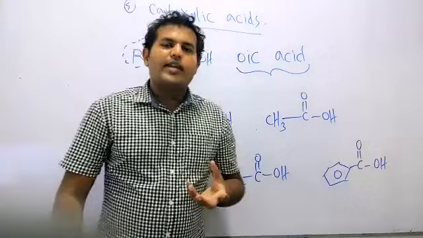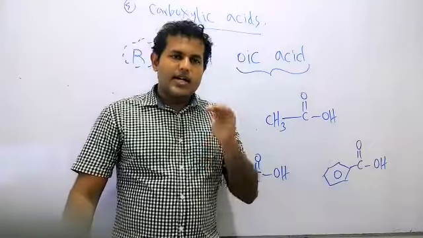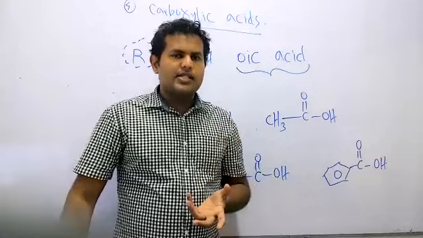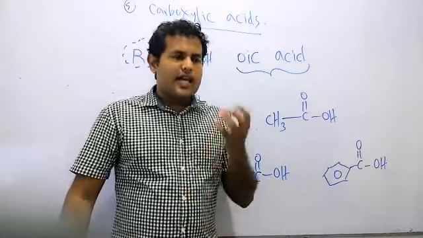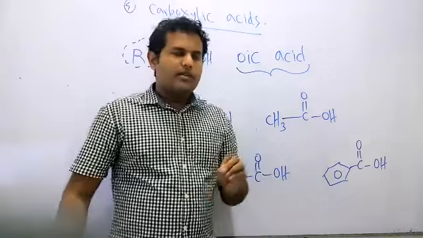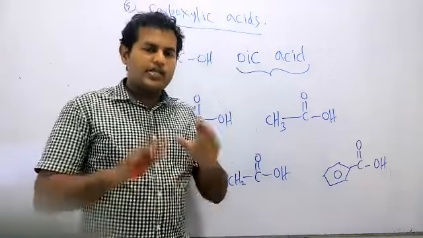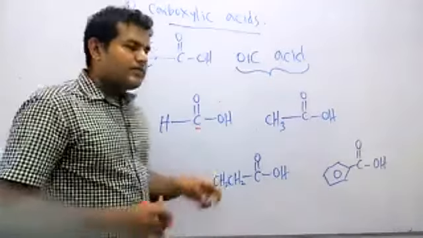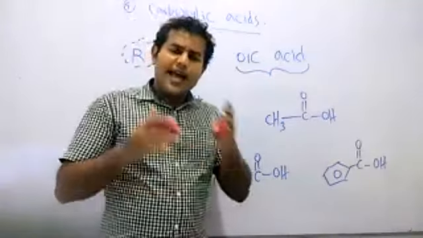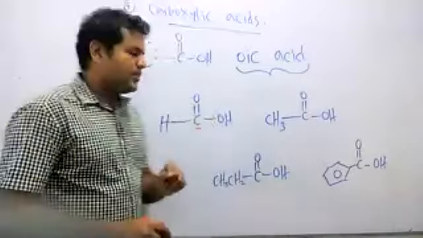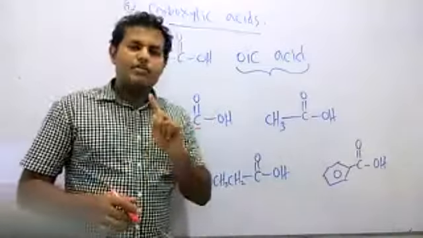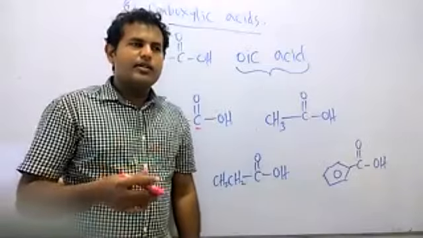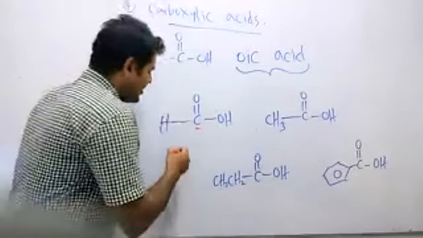When we are writing names, remember, we derive the names starting from alkanes. The alkane names are very important when we are getting the fundamental names. Now see how I'm getting the name. When you have one carbon, recall the alkane with one carbon. What was the alkane with one carbon? Methane.